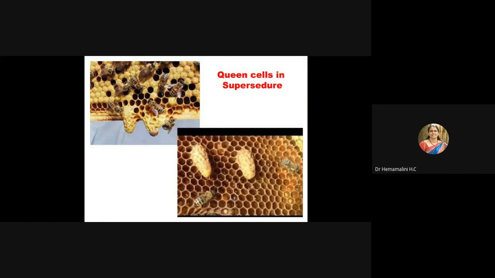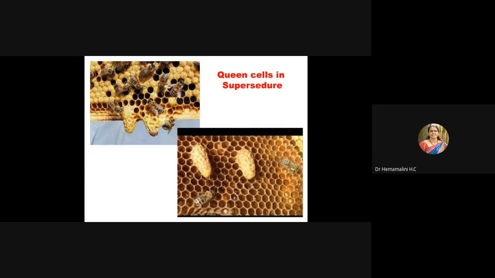During supersedure, the worker bees identify that the queen bee is not operating up to the mark, that is, queen substance is reduced by the time, and egg laying capacity is reduced. By that time the worker bees decide to supersede the old queen with a new queen. They decide to raise the new queen, and the earlier eggs laid by the queen, the same worker cell, is converted to queen cells.